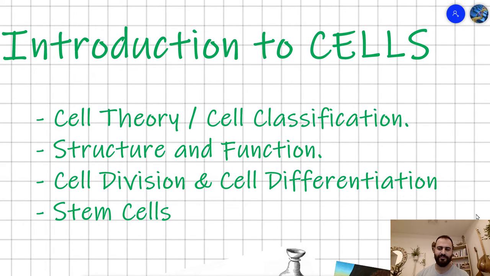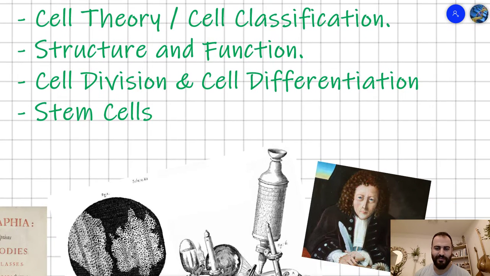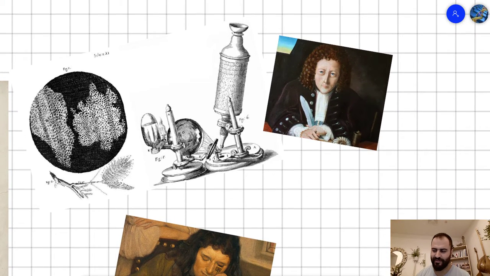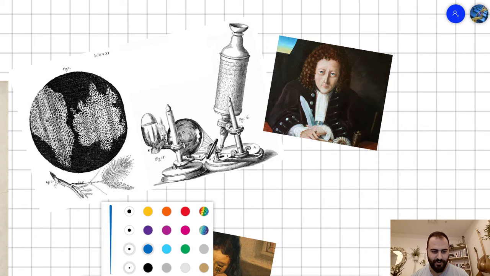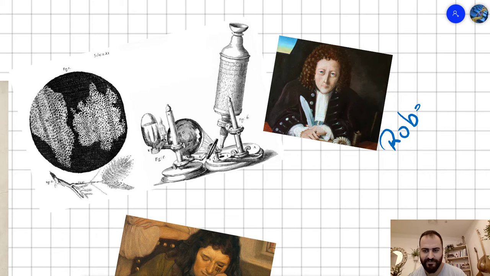Starting with cell theory, we go back in time to 1665 at the time of Robert Hooke, who is the scientist behind the discovery of cells.